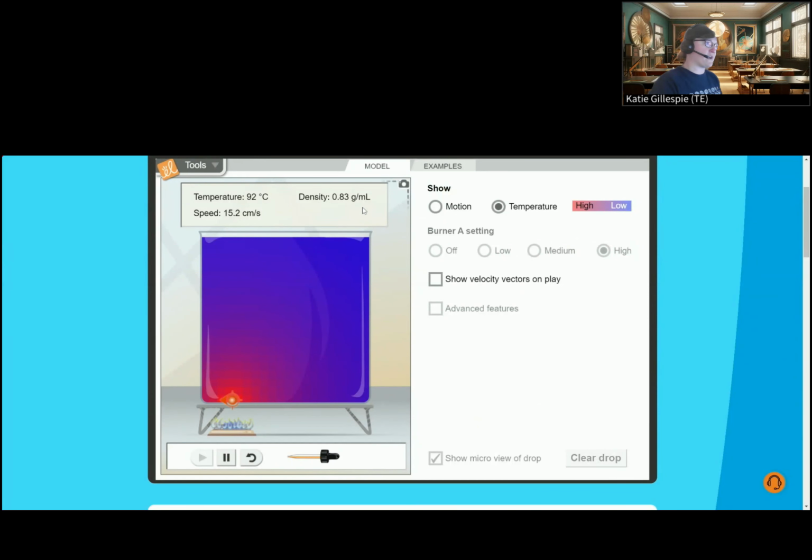It says 0.83 grams per milliliter. As we move away from the heat source, as we go down in temperature, I want you to watch what happens to density. Is it increasing or decreasing? We'll stop here at 23 degrees Celsius, 0.98 grams per milliliter. Well, we started at 0.82.